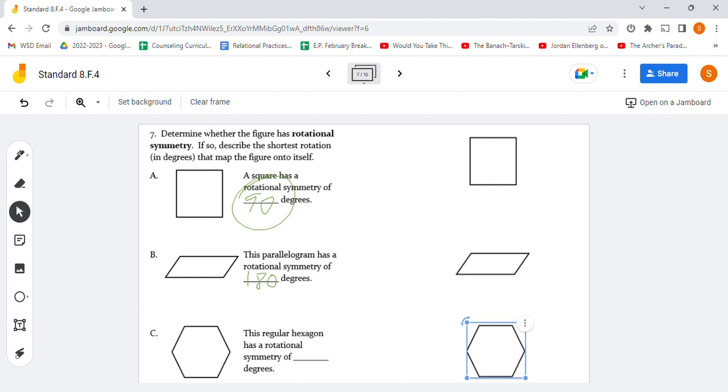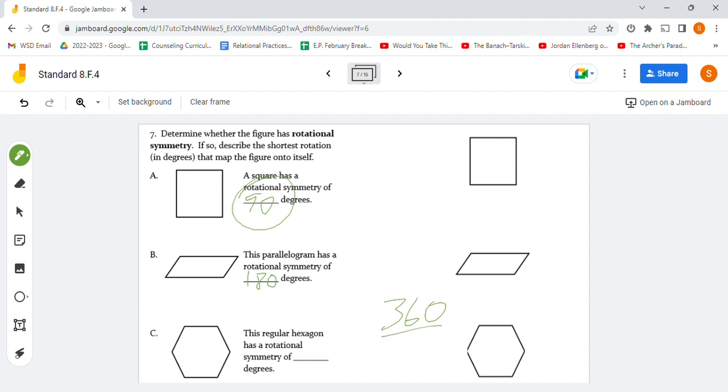So thinking about this, I've gone all the way around 360 degrees, and there were 6 different rotations. Again, 1, 2, 3, 4, 5, 6. 6 different rotations in 360 degrees.